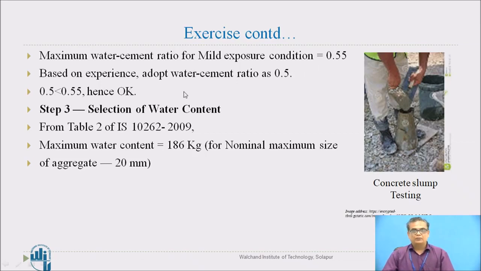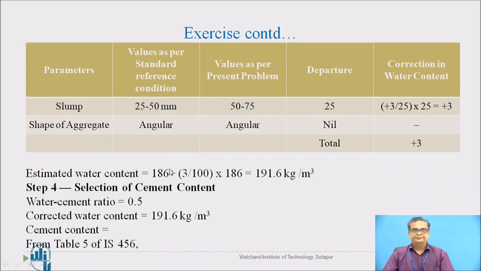So adopt 0.5. Likewise, selection of water content: maximum water content comes to 186 kg from table 2 of IS 10262 for nominal maximum size of aggregate 20 mm.